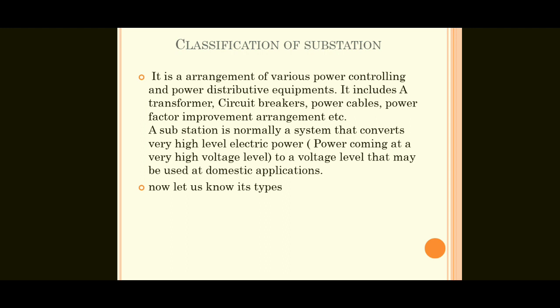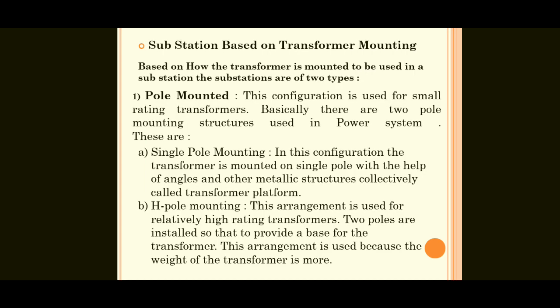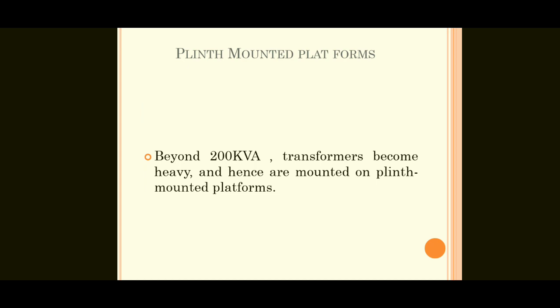Two types are present: pole mounted and plinth mounted. Again in pole type, two types: single pole and H pole. H pole means two poles are present. For small ratings, use pole mounted transformers. Plinth mounted means beyond 200 kVA, use plinth mounted.